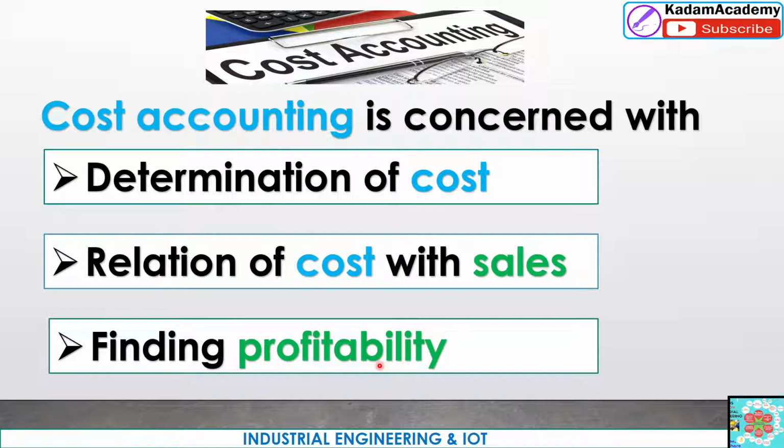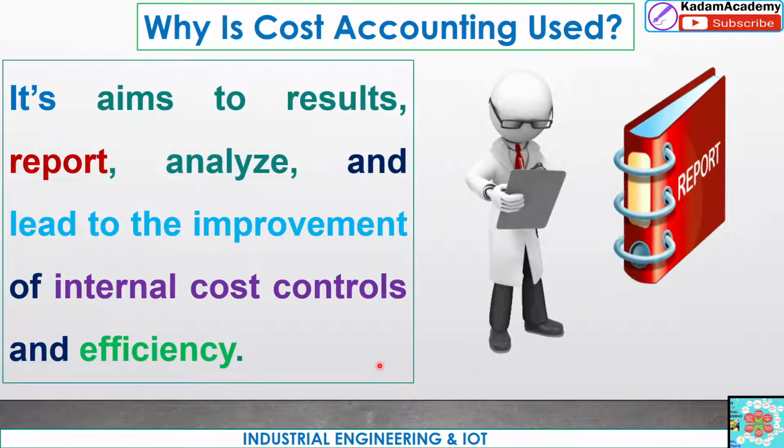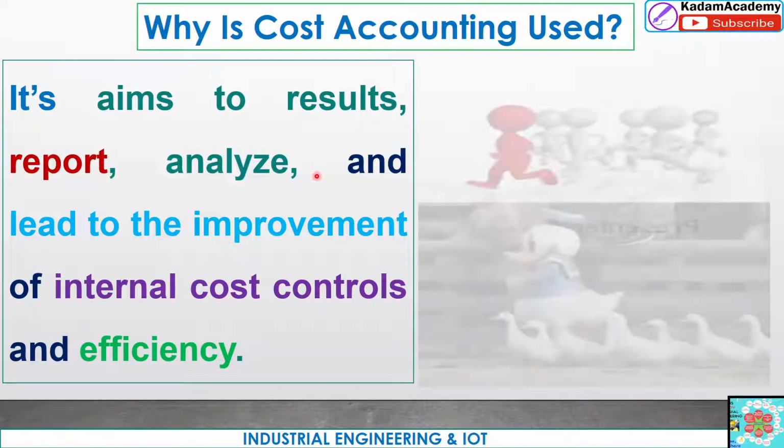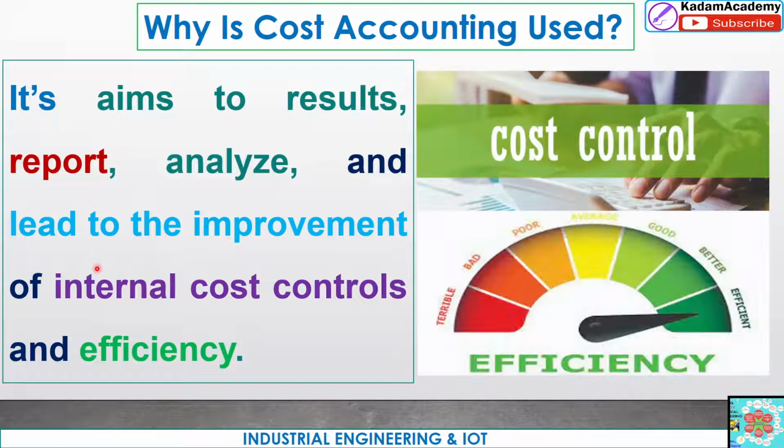It continuously concentrates on measurement of achievement of efficiency, and it continuously regulates and indicates the results of operations carried out. Costing is nothing but the internal calculation of the industry. So what it aims, it will calculate the results, and you can prepare reports by using cost accounting. You can analyze, and it can lead to the improvement of internal cost and controls, and we can find out the efficiency of that industry.